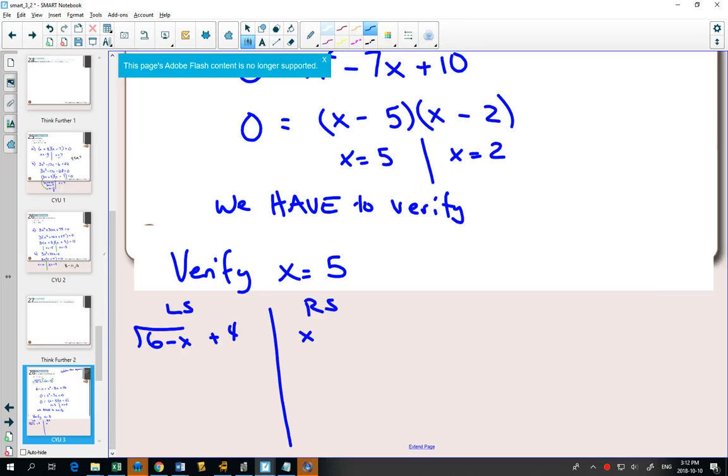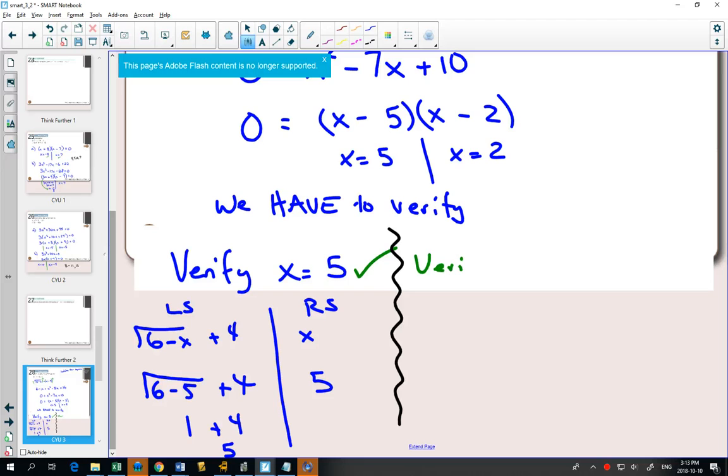If I plug in 5, 6 minus 5 plus 4, on this side I just get 5. What is 6 minus 5? 1. What's the square root of 1? 1. 1 plus 4? That one is good. Because we verified the left side and the right side, they worked out to be equal.